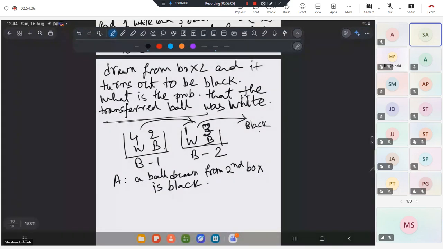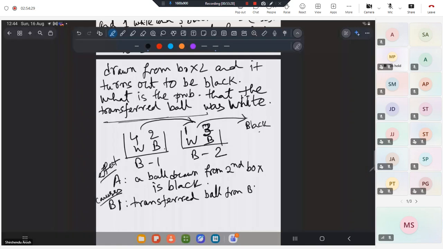Causes: what could be the possible causes of this effect? Cause number 1, the ball transferred from box 1 to box 2 is white. There could be two options.